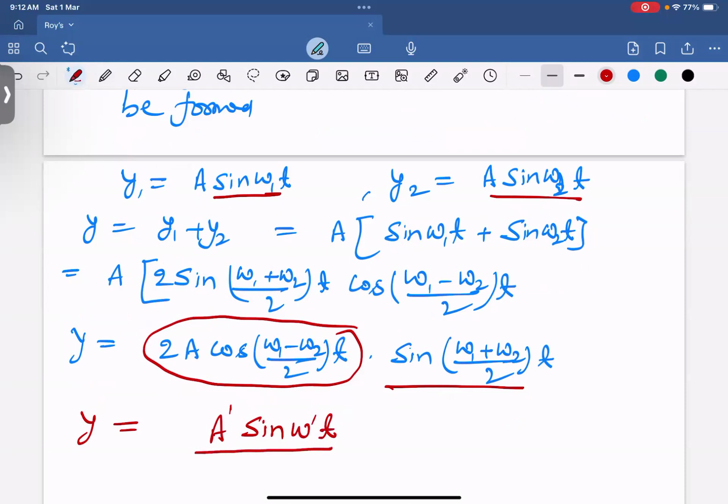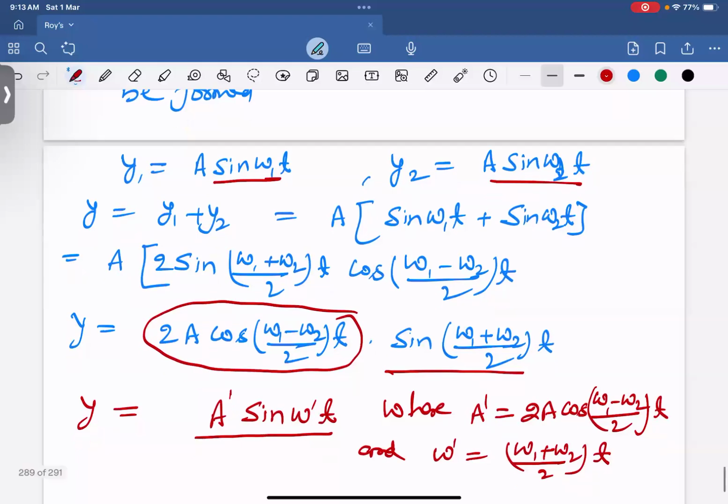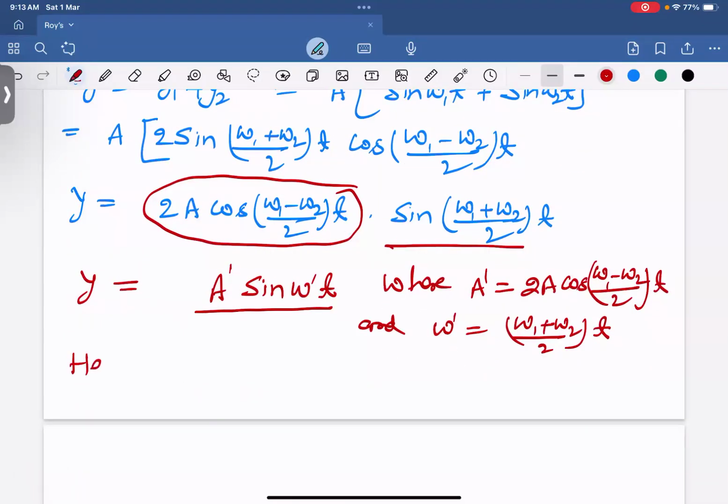So this is also a beat equation, where A dash is this term that I have written under circle: 2A cos (omega 1 minus omega 2)/2 into t. And omega dash is this angle, that is (omega 1 plus omega 2)/2. अब बोलोगे A dash क्या है? So A dash is the resultant amplitude.